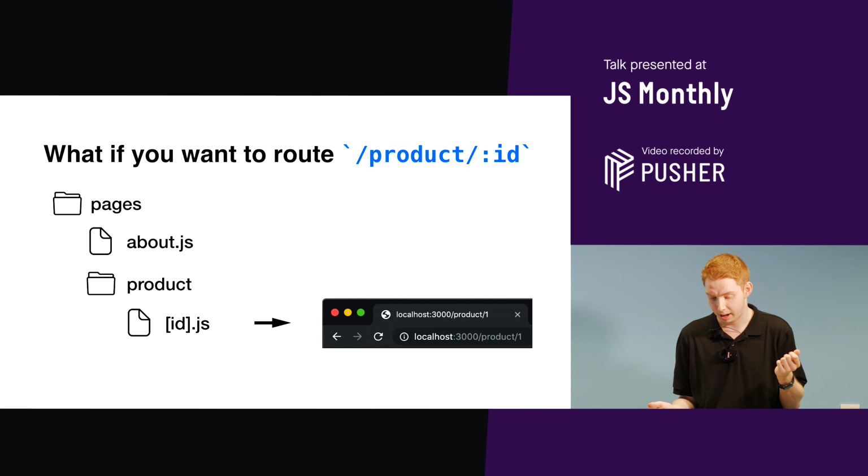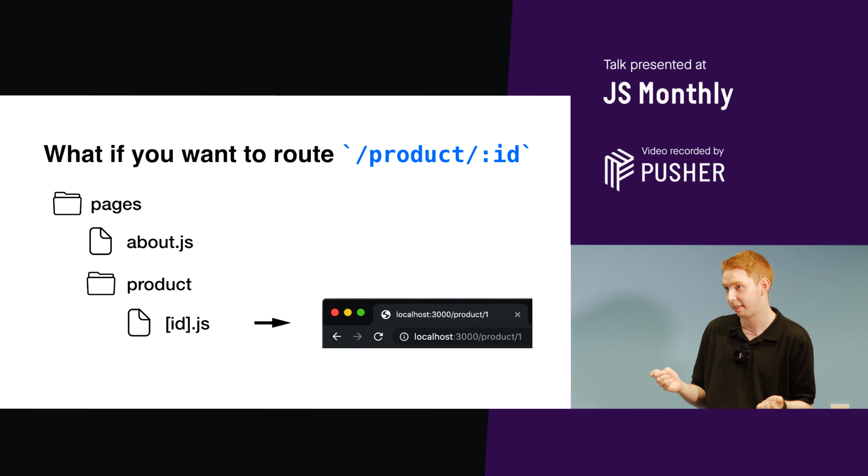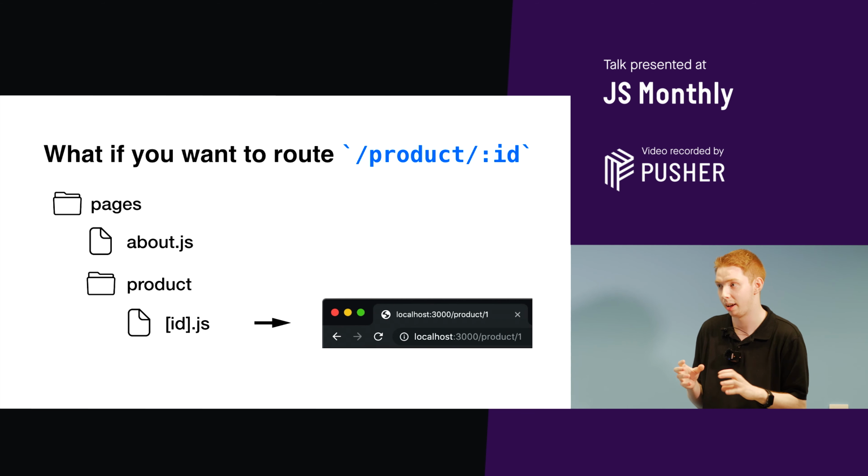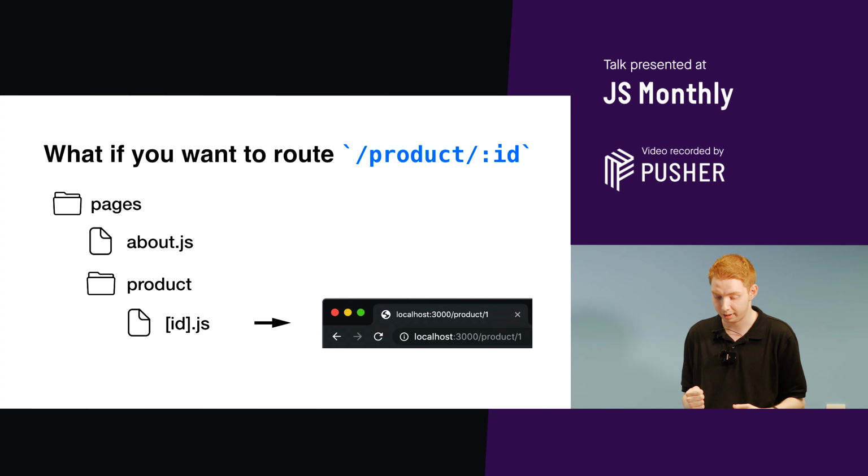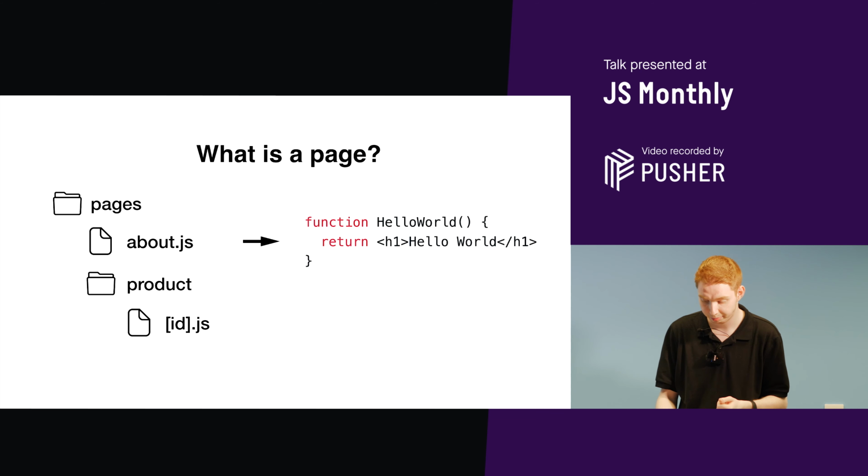But what if you want to do a /product/ID, like dynamic routing? Next allows this since version 9 to basically create subdirectories and then put in this special file, which is marked by brackets, that will automatically inject the ID into your file, basically.